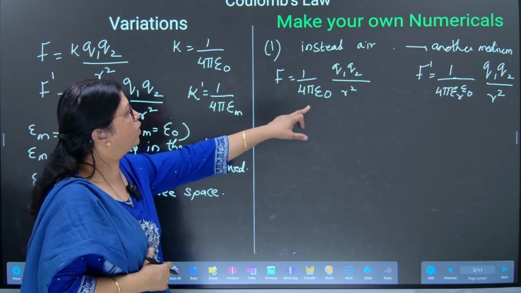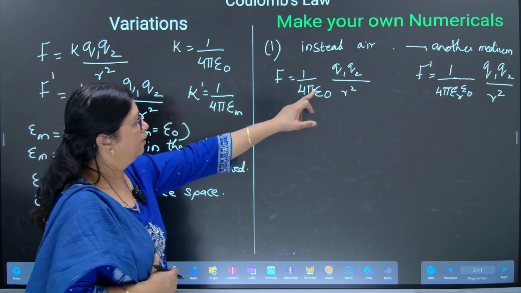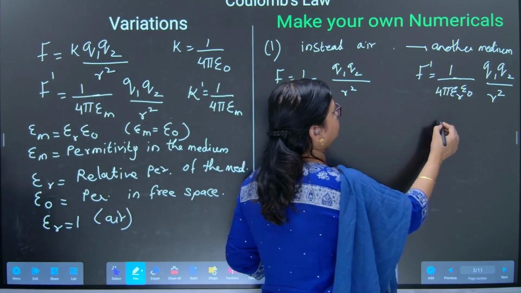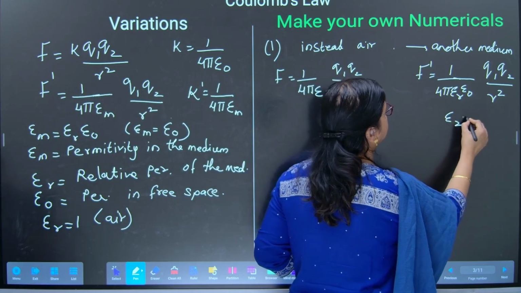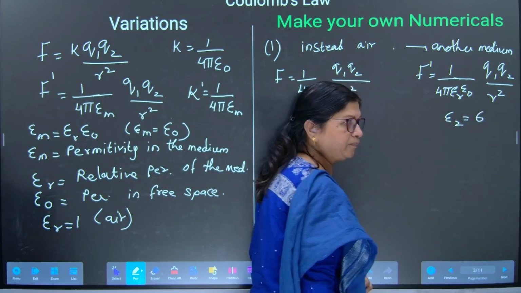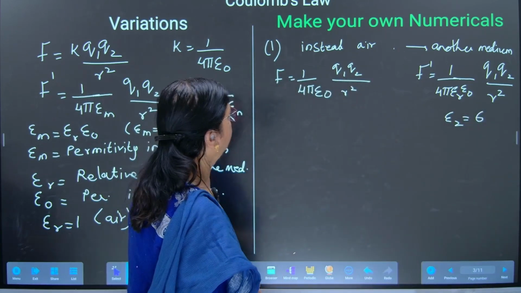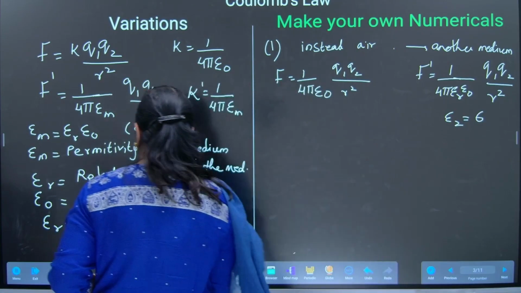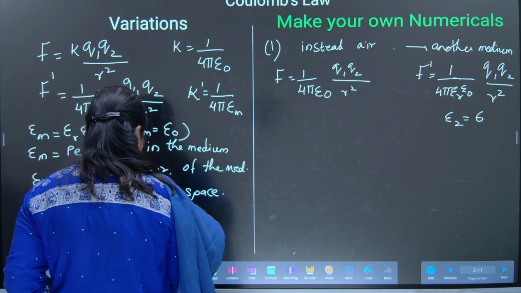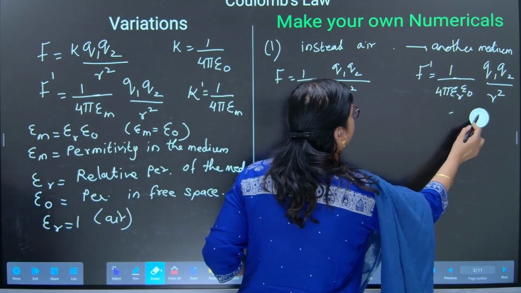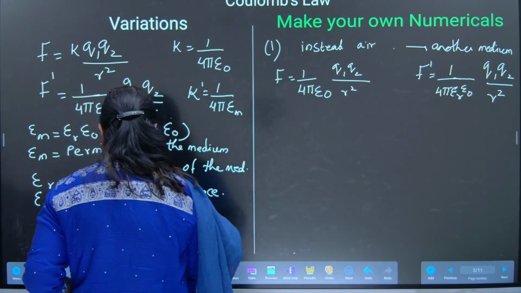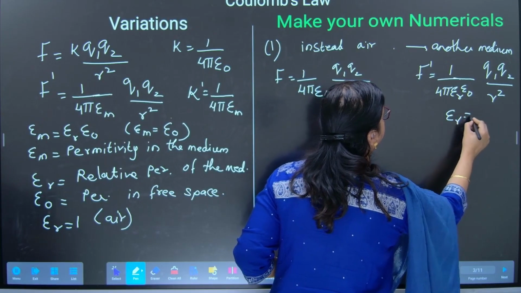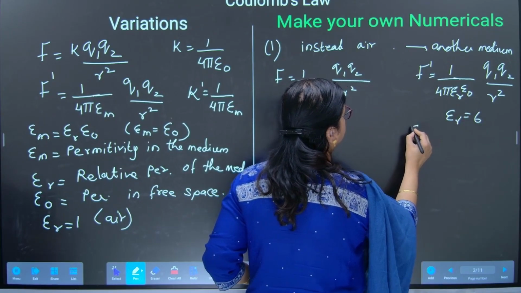Now here we don't have epsilon r, here we have epsilon r. Let us take epsilon r as something around 6 approximately. And here we do not have that value of epsilon r itself. So what do we get here?